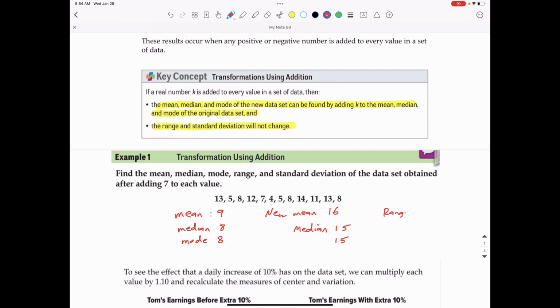So the range of the old one was 10, the range of the new one is still 10, and the standard deviation of the old data set was 3.34, and that will be the standard deviation of the new data set. So the answer is all the new data, and that's going to be that right there.